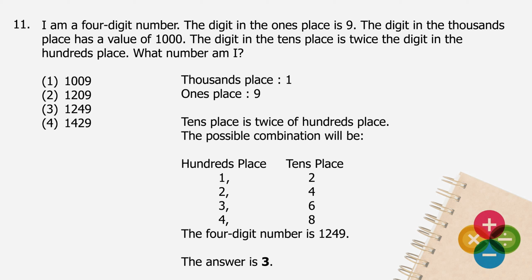The digit in the ones place is 9. The tens place is twice of the hundreds place. The possible combinations will be 1 hundred, 2 tens, 2 hundreds, 4 tens, 3 hundreds, 6 tens, 4 hundreds, 8 tens. The 4-digit number is 1249. The answer is 3.